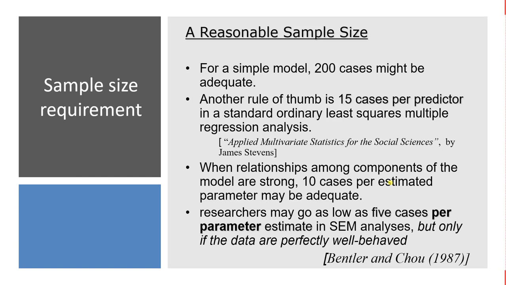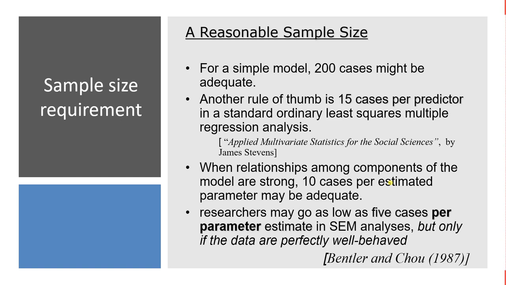Similarly, another rule of thumb given by Stevens in the book Applied Multivariate Statistics for the Social Sciences, is 15 cases per predictor, as it is required in a standard OLS, ordinary least squares multiple regression analysis.